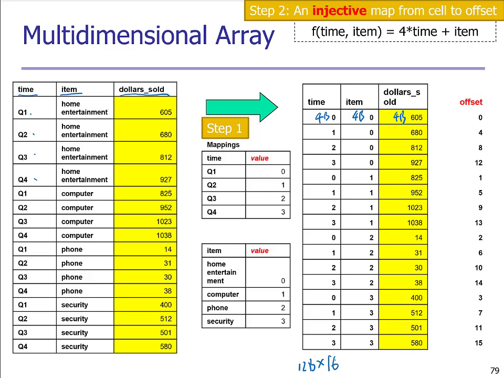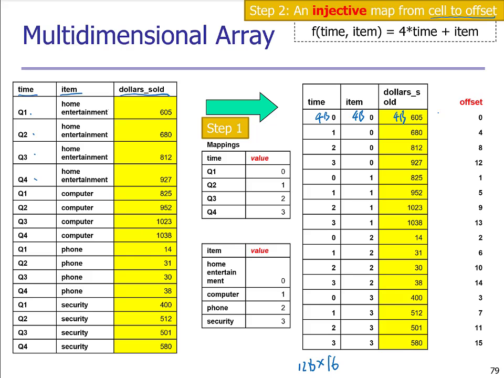Now we further do an injective map from cell to offset. Basically we apply a function to convert a combination of time and item to a single value. We encode time and item pairs into an integer. As long as this encoding is unique for different time and item pairs, and you can decode it, it can be used here.